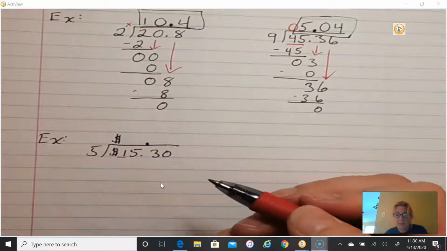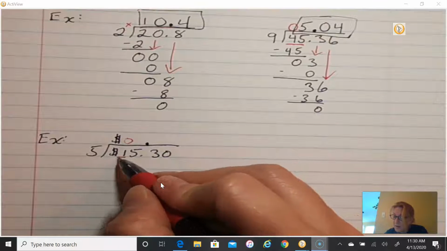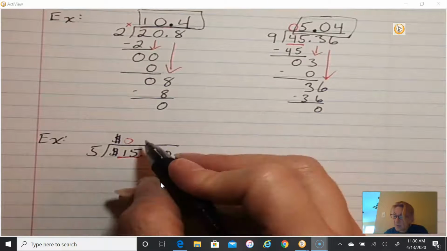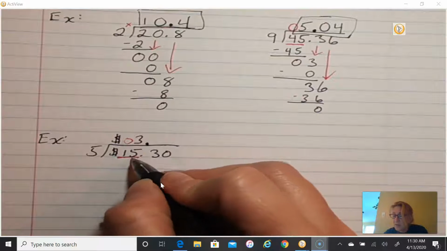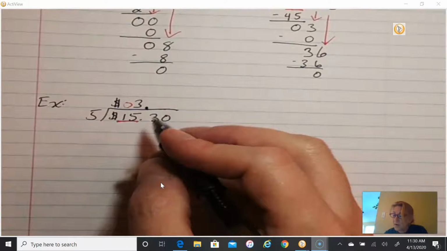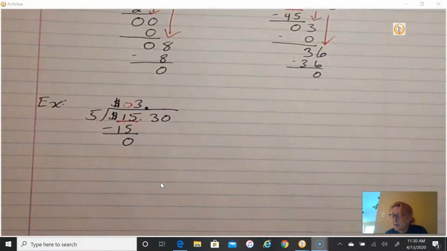No. If you want to put a little placeholder 0, you can. You don't have to. Can 5 go into 15? Yes, 3. Make sure that 3 is over that 5. 3 times 5 is 15. Subtract, you get 0. Bring down the 3.